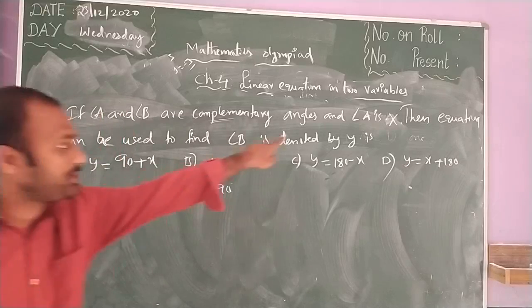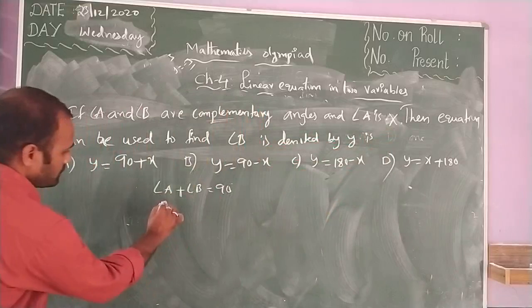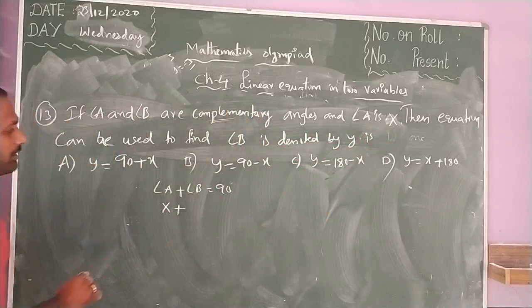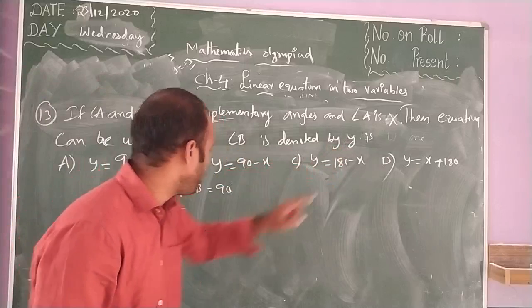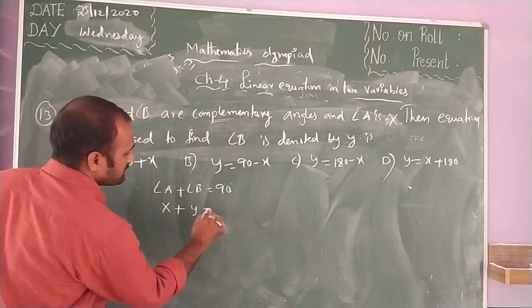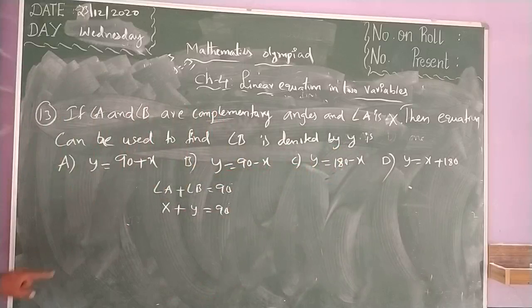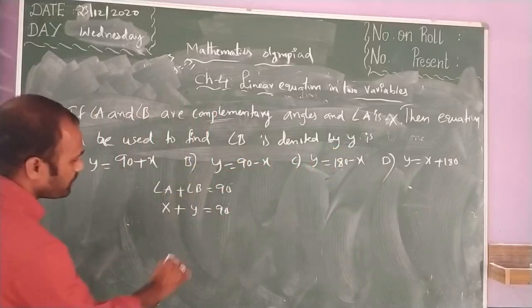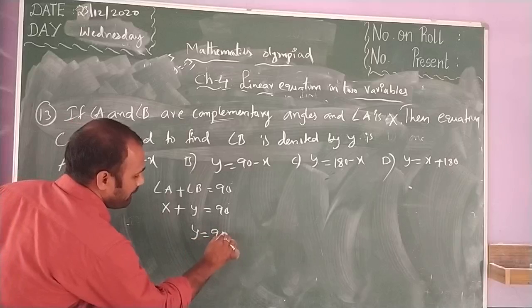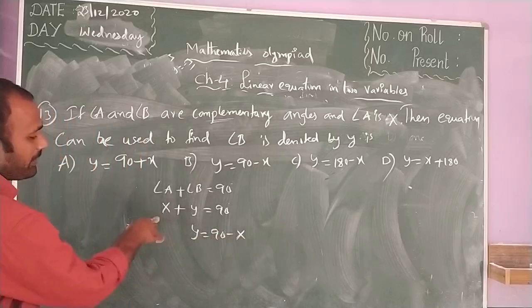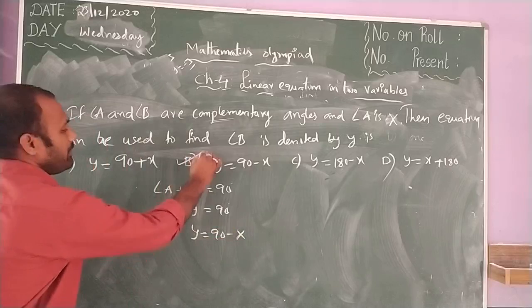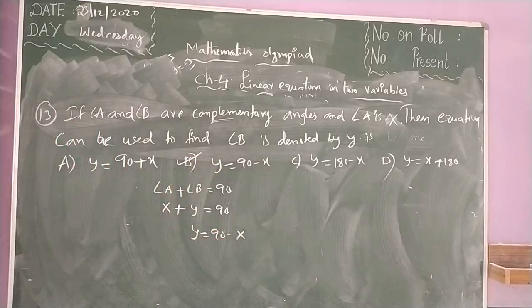You are given in the question that angle A is x, so we can write x plus angle B, denoted by y, is equal to 90. So y is equal to 90 minus x. Why? Because if I transpose plus x, it will be 90 minus x. So option B is correct.